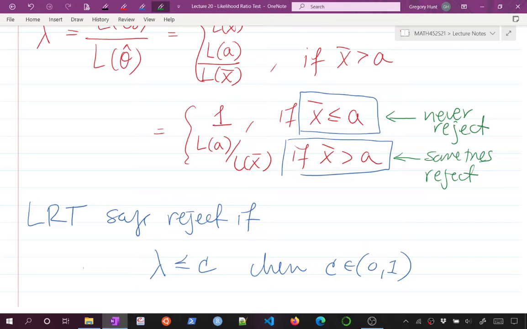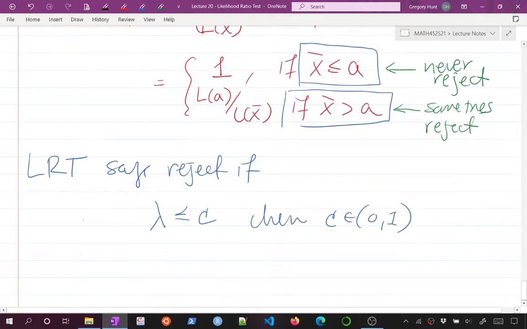And how often we reject or don't is going to depend on this ratio, lambda, and the constant we choose, C. That's going to trade off rejecting a lot, in which case we'll make more type 1 errors and less type 2, or rejecting a little if we put a very low C, in which case we'll make less type 1, but probably more type 2 errors.